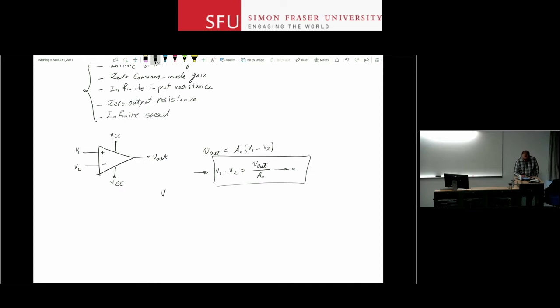So V1 and V2 follow each other, right? So what this means is that if you have an ideal op-amp that is working linearly, V1 and V2 will be equal.